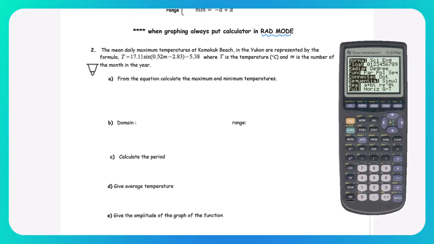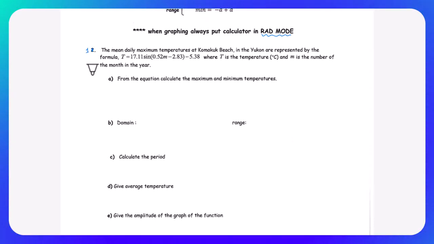Although it says number 2, it's number 1. This is a question where it says the mean daily maximum temperature at Komakuk Beach in the Yukon is represented by the formula T equals 17.11 sine of 0.52 (m minus 2.83) minus 5.38, where T is the temperature in Celsius and M is the number of the month of the year.